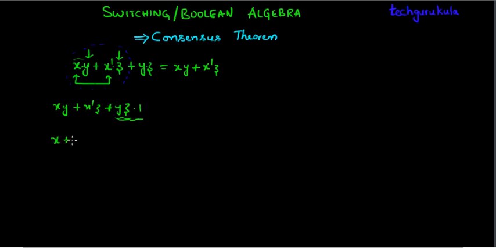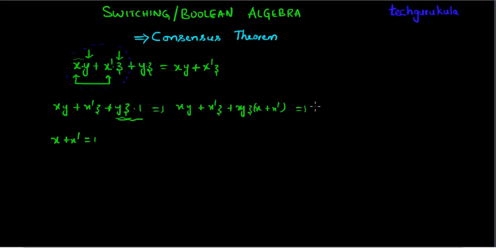We can say x plus x bar is 1, so substitute this 1 with x plus x bar. So it becomes xy plus x bar z plus yz times (x plus x bar).